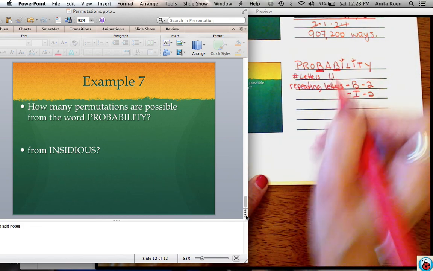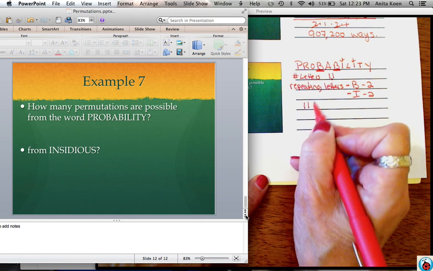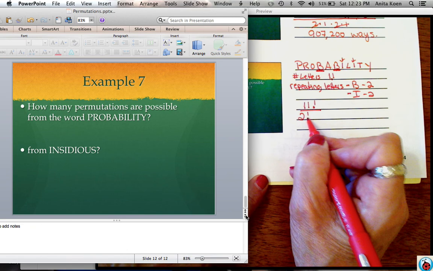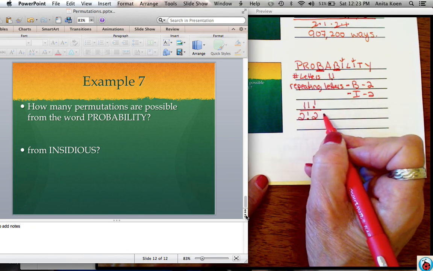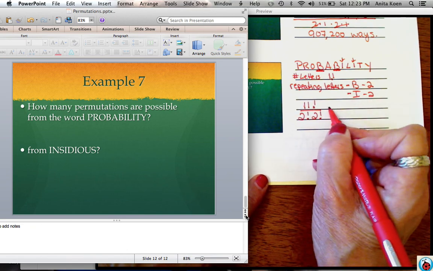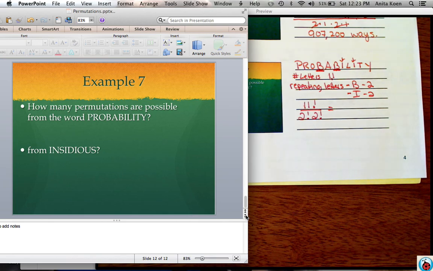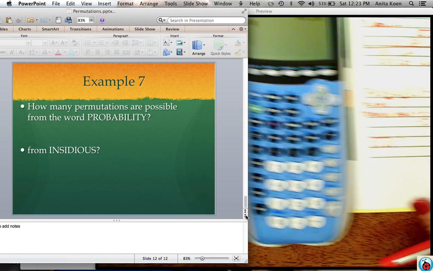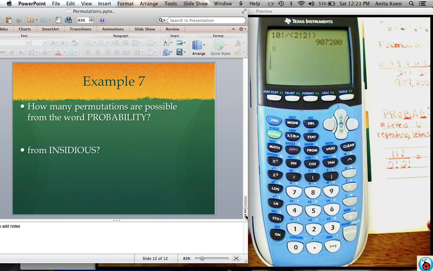So the number of letters goes on top, so that's 11 factorial, divided by the number of B's, that's 2 factorial, and the number of I's, that's 2 factorial. So now let's type that into our calculator one more time. Let's look at the calculator so that we can make sure that we do this correctly.